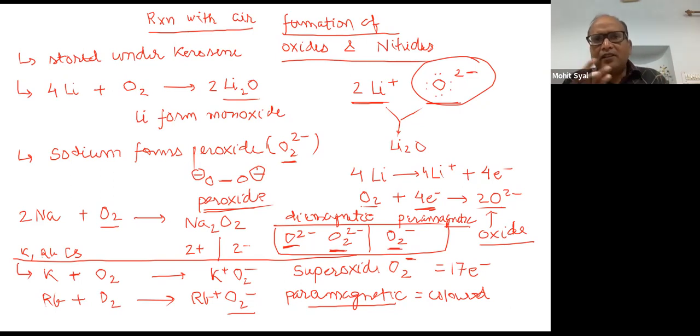Lithium is not stable with peroxides or superoxides, so that's why lithium forms oxide only, while sodium can form peroxide, and potassium and rubidium will form superoxide. Okay, is it clear?